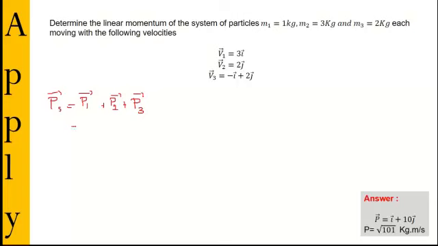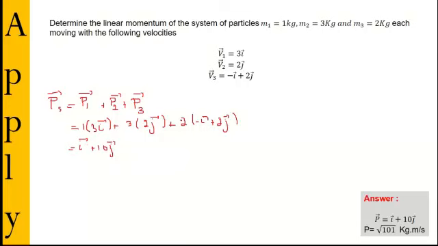And in this case, when we continue, we have P1, it's 1 times 3i, plus P2, which is equal to 3 times 2j, plus between brackets 2 times minus i plus 2j. So we continue the calculation and we'll have as answer i plus 10j.